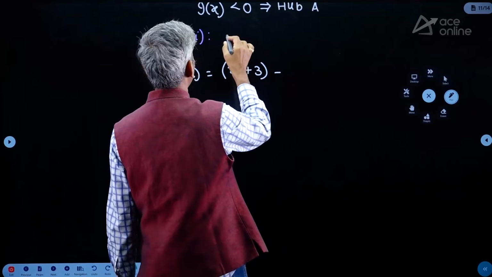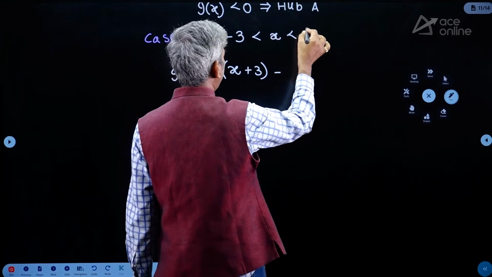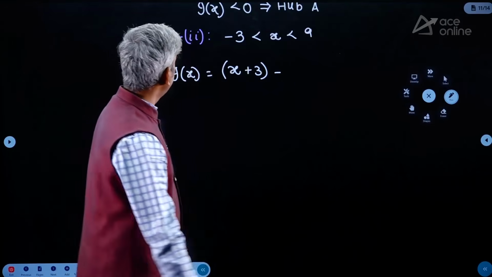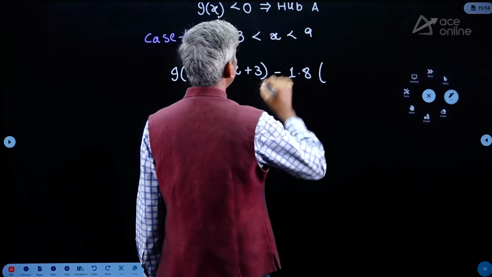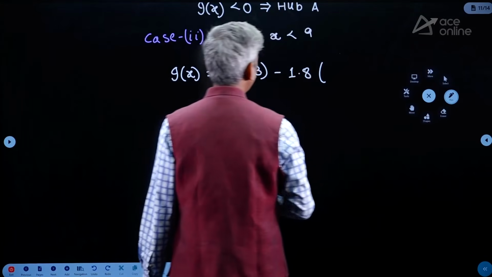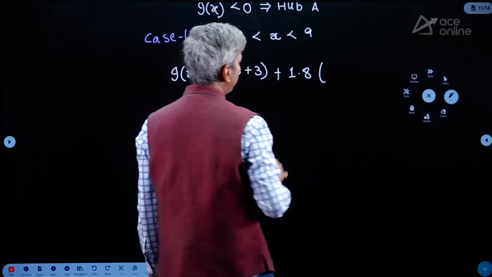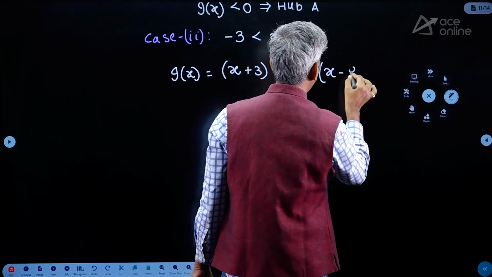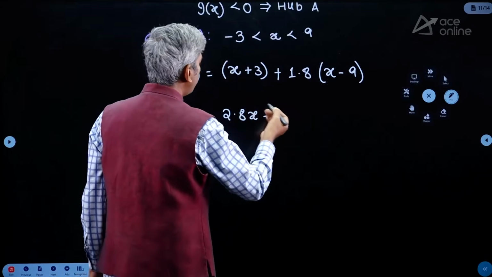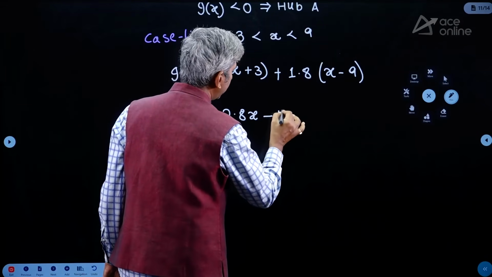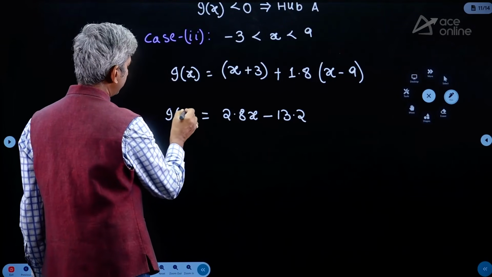Case 2 is associated with minus 3 < x < 9, such that x plus 3 minus 1.8 multiplied with x minus 9 would be a negative value because x is less than 9, so it would become plus x minus 9. So this is equal to 2.8x minus 13.2. This is your g of x.